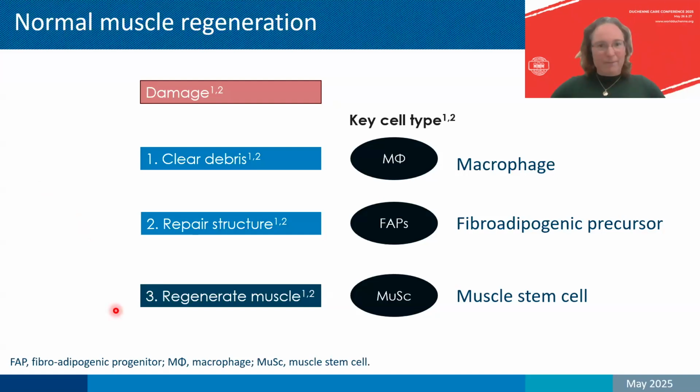Then you will repair the structure of your kitchen, say the walls, etc. And only then will you add the content of the kitchen, like the cupboards and the appliances, etc. So it's the same with the muscles. You clear the debris, then you repair, and then you regenerate the muscle.